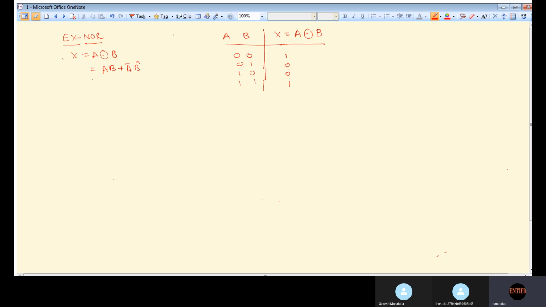You can also write it like this, or else you can write it as A XOR B whole bar. Tell me, when both inputs are equal, the output is 1. Else the output is equal to 0.